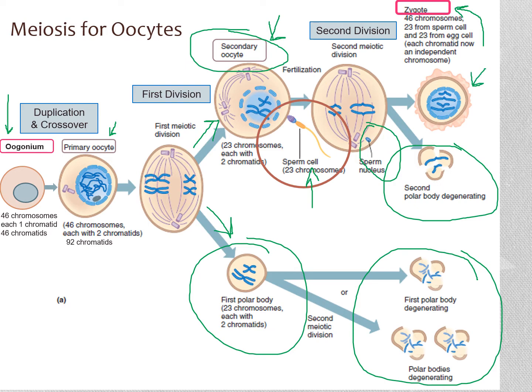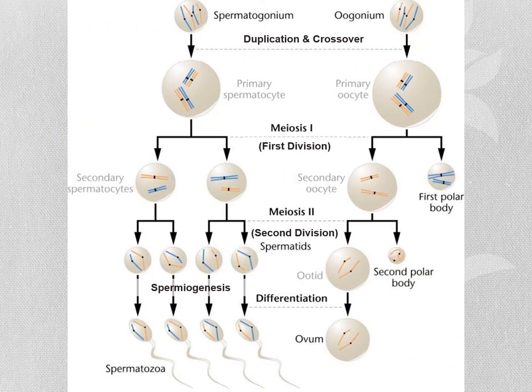So meiosis in oocytes looks different from meiosis for spermatocytes. Let's look at them together. You start with your gonium, spermatogonium or oogonium. They undergo duplication and crossover and become a primary spermatocyte or oocyte. Then we start doing our first and second divisions.